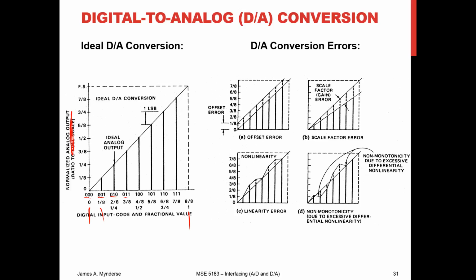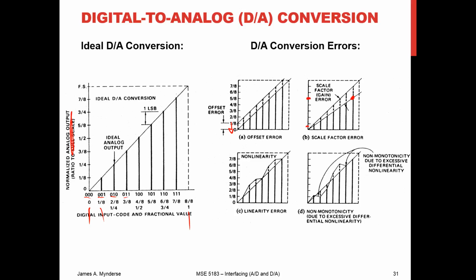The actual conversion is going to have a combination of errors. We might have an offset error where everything is shifted up or down by some bit or potentially some smaller value than that if there's something in the chip that you're using. We could have a scale factor where the slope is wrong. So now 1/8 of the digital range corresponds to something less than 1/8, and you can see all the way up here that 7/8 looks like it corresponds almost to 6/8.